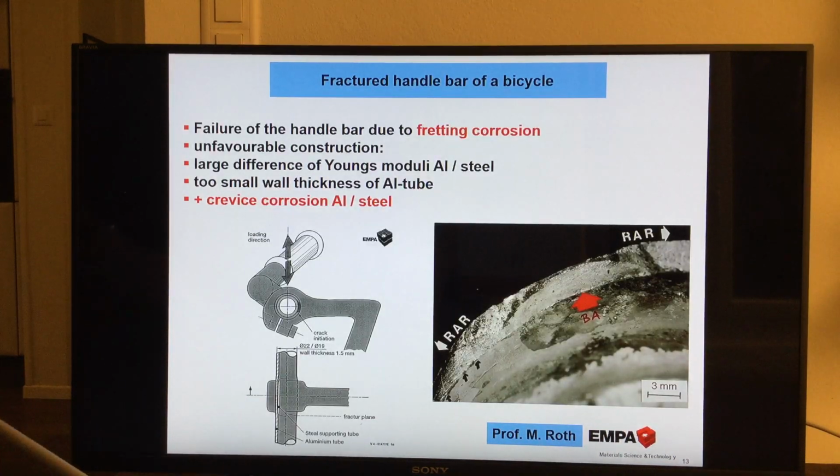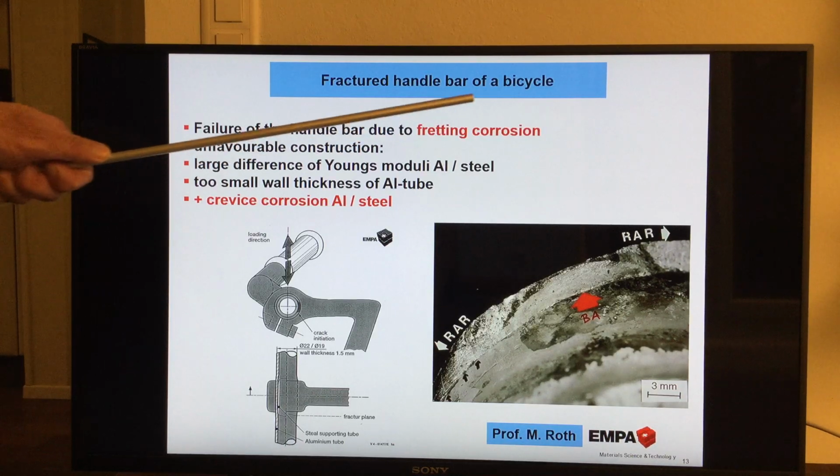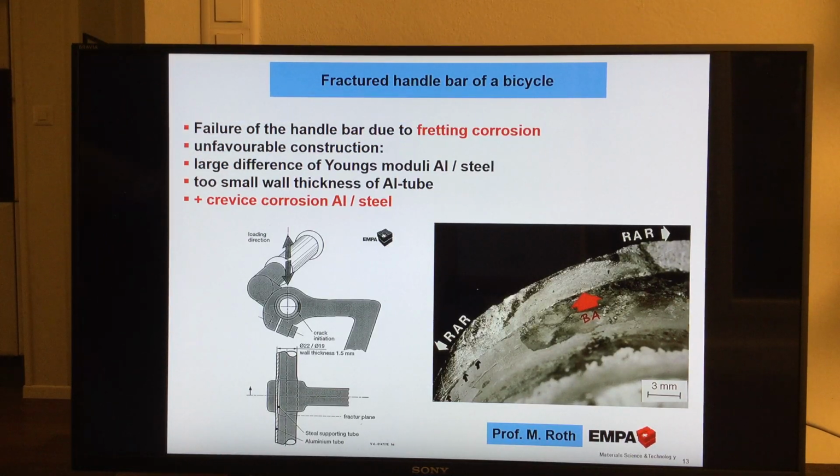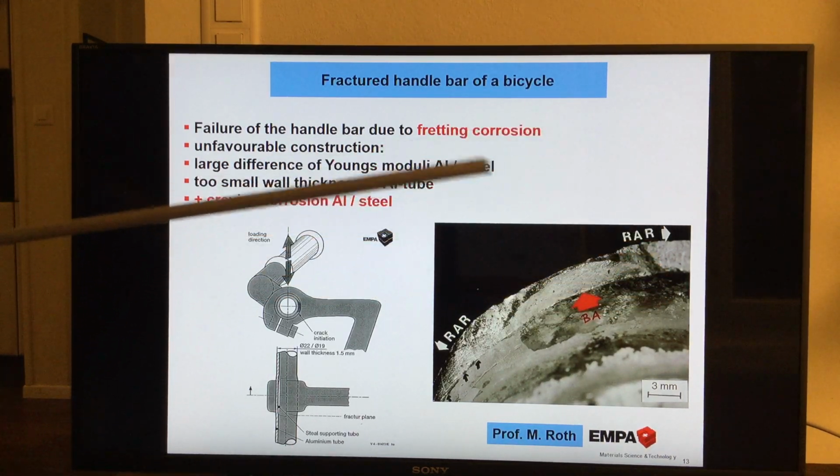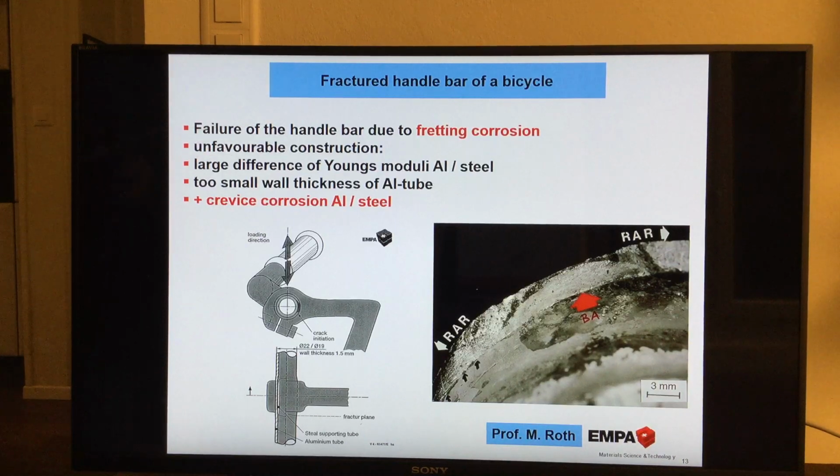So we can now finally conclude the main mechanism: failure of the handlebar due to fretting corrosion. Of course, there is an additional influence of corrosion, which we nicely see here with these black spots. It's additional. It's clearly an unfavorable construction.